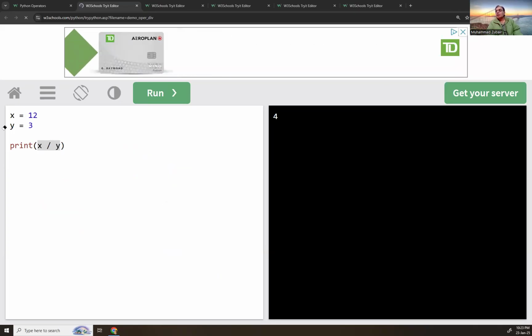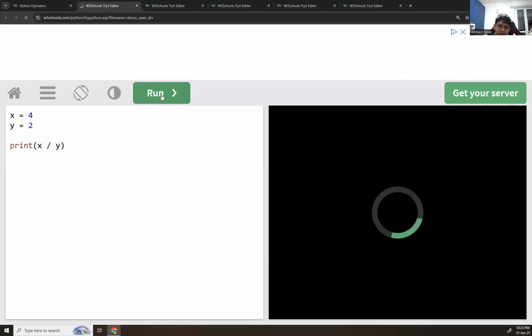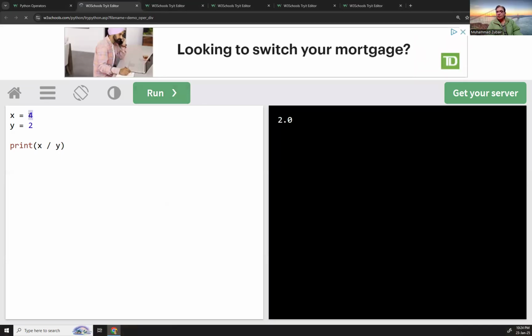This is an example of how you can divide something. Suppose x is 4 and y is 2. What will be the answer? Two twos are 4, so the answer will be 2. And 2.0? Okay, ignore that, don't worry.